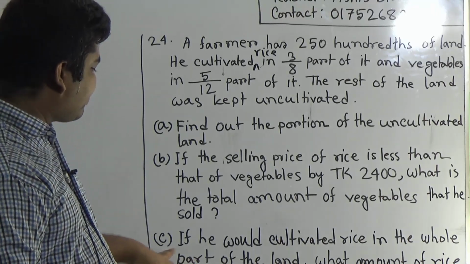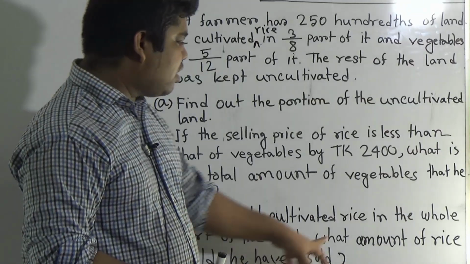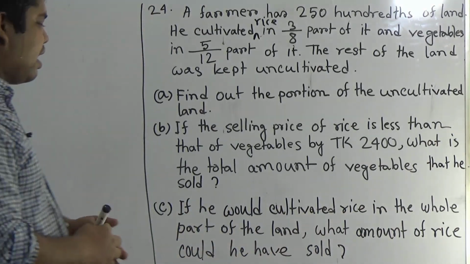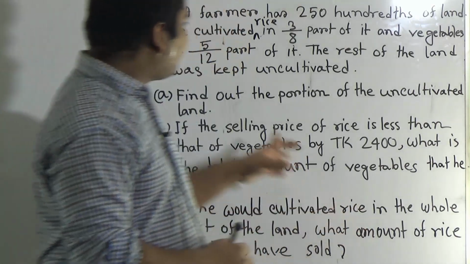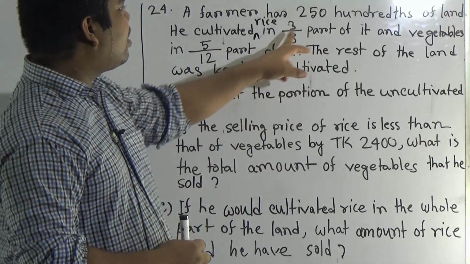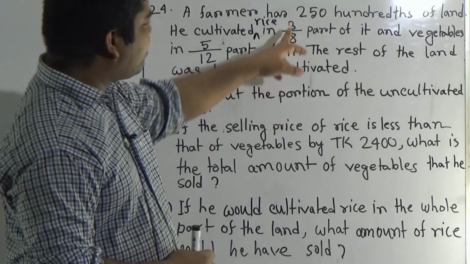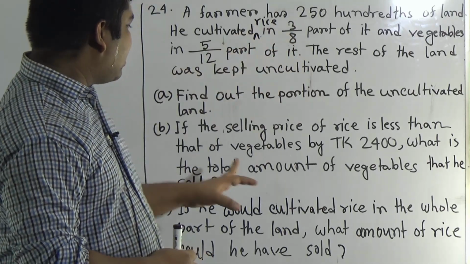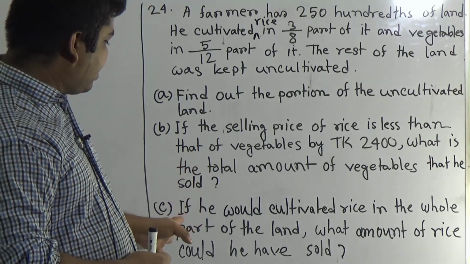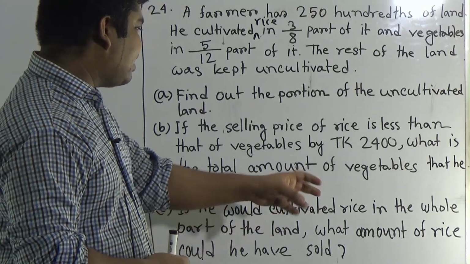Number C. If he had cultivated rice on the whole of the land, what amount of rice could he have sold? That means the question asks, if he had cultivated rice. Here he cultivated rice in 3/8 part. We have already converted it into hundredths in question A, and the price of the cultivated rice is found from question B. Using that, we find the amount of rice cultivated on the whole land.